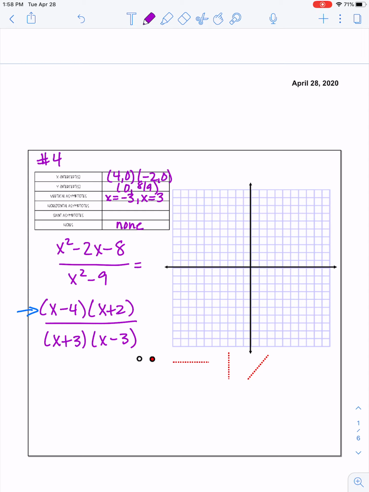So the first thing I'm going to plot is my x-intercept. So I have 4, 0 and negative 2, 0. I have a y-intercept at 0 and 8/9. So that's approximately here, we're estimating. I have a vertical asymptote at 3.